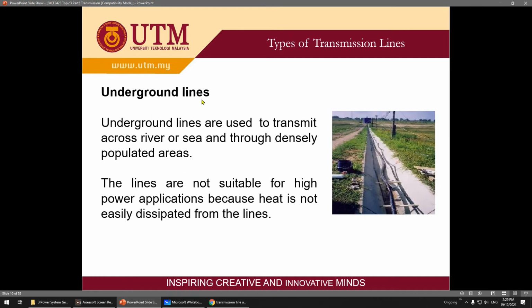That's why we use underground line. Underground lines are not suitable for high power application, because the heat is not easy to dissipate. Remember, it usually has a lot of insulation and is also underground, so the heat cannot dissipate easily.